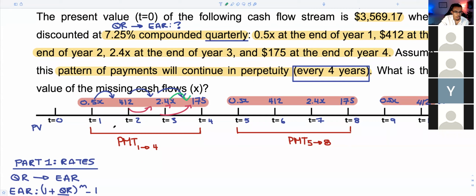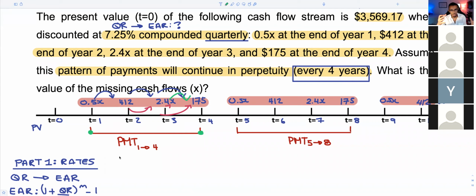So the reason why I got our effective annual rate, at the end of the day, is because I really wanted to showcase what we have going on here. Within the payment that we created, this one payment that spans 4 years from T1 to T4 and essentially in perpetuity, these payments that we grouped have individual cash flows, right?